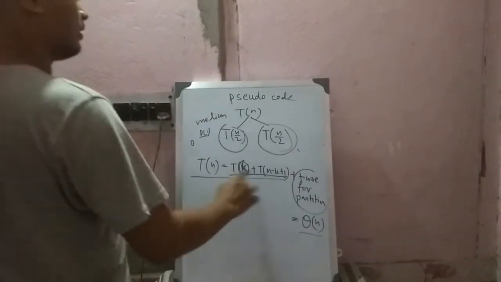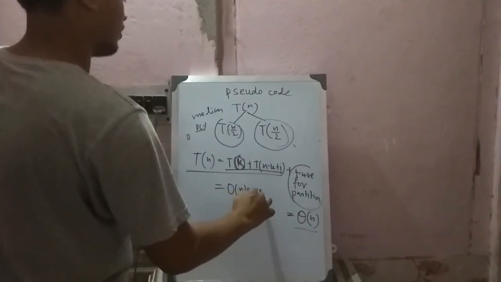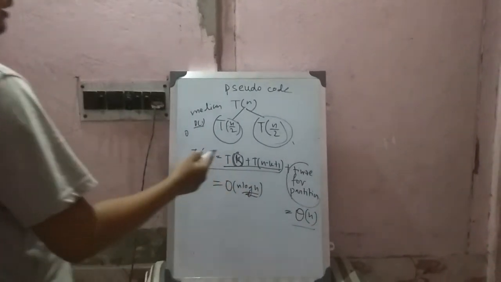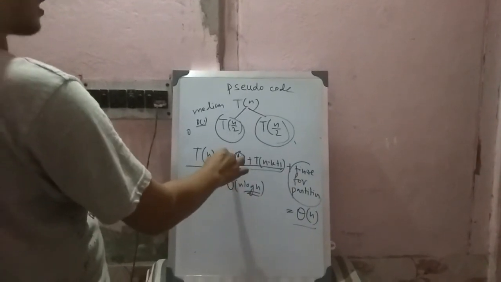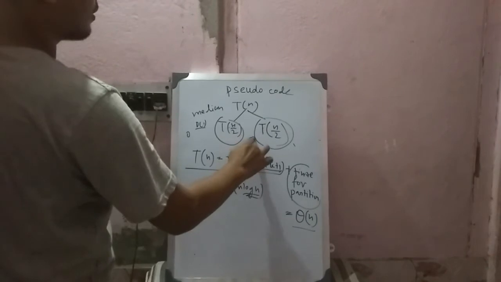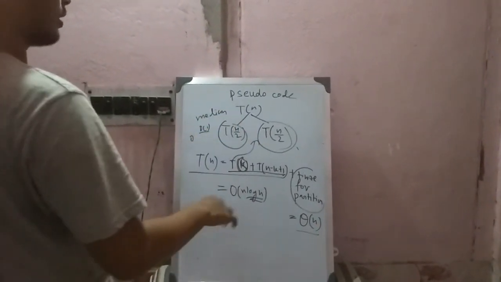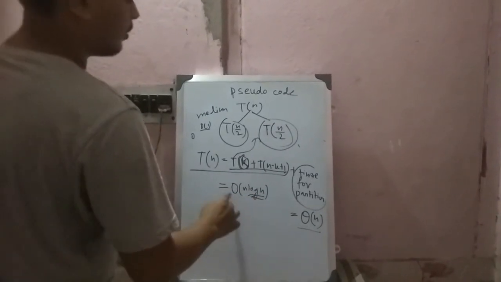So this will be order of n log n, because if I merge, I can convert this problem into this, and the time complexity will be like merge sort. So the time complexity will be order of n log n.